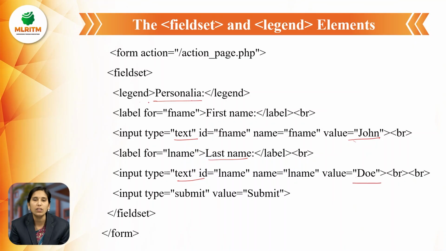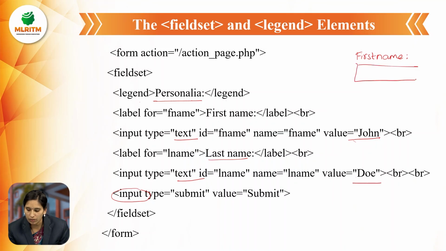Here you also observe all the tags, all the elements we are using in this form. All have closing tags, but only the input tag. The input tag is only opened; there is no closing tag for the input element. So the output will be like this. First name, a text field, in which we are giving the value John, and last name, Roy.